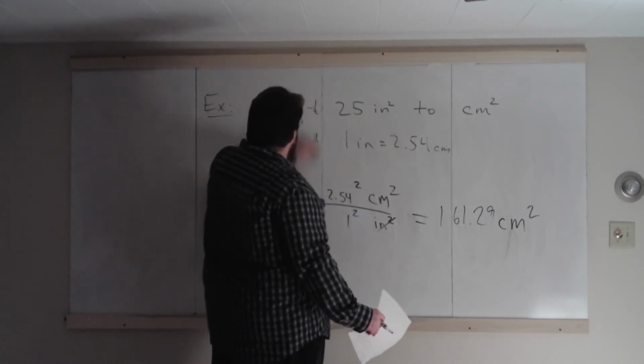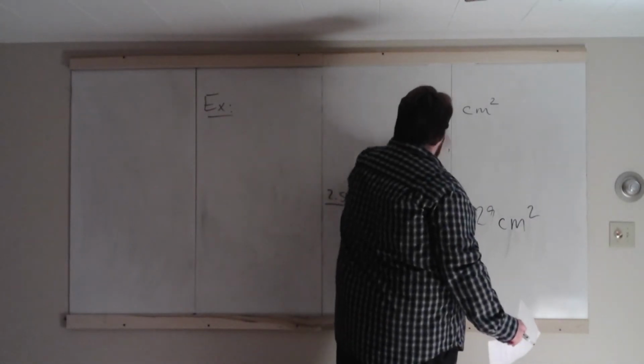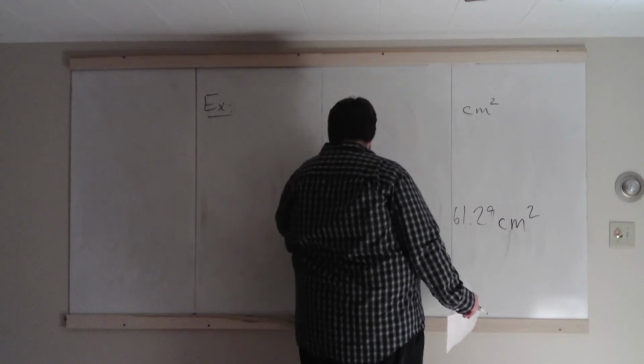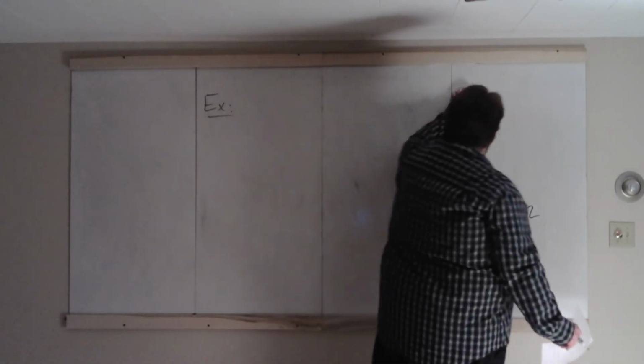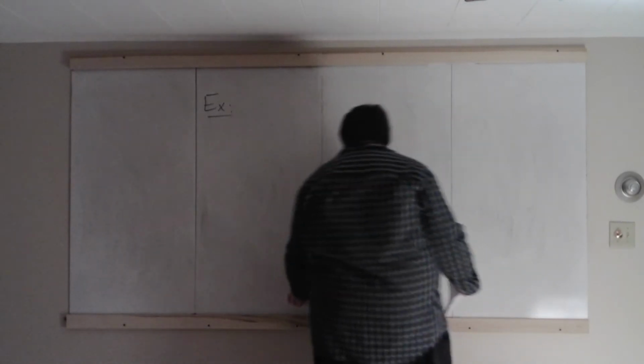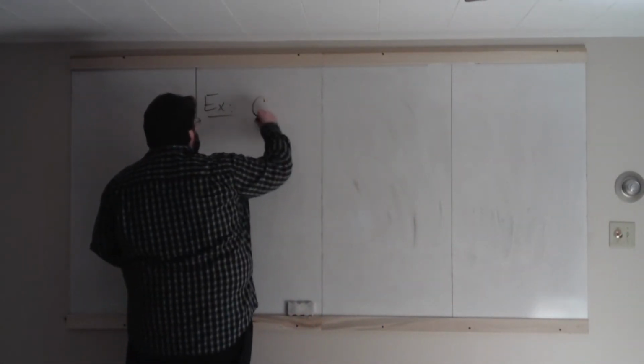Now, in the examples we've done so far, we've had really just one unit. I mean, in these we had square inches, but the square inches do act like 1 unit. What if we threw 2 units on this? So let's do one last example.